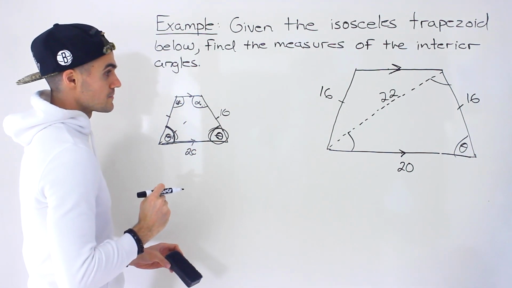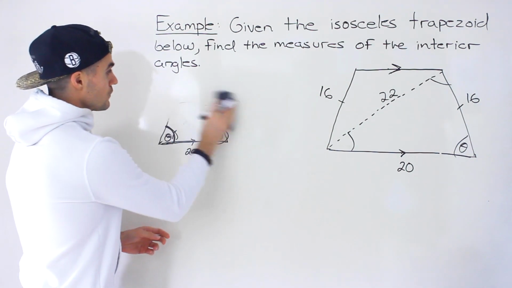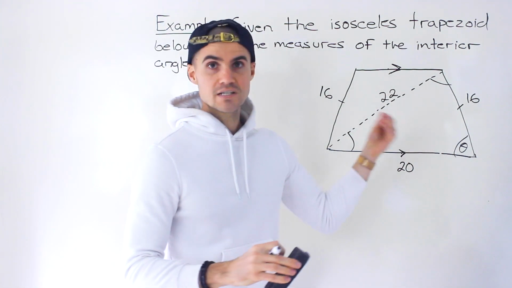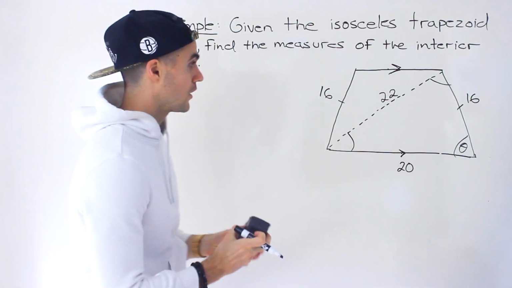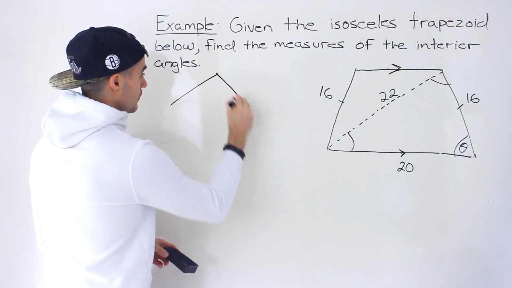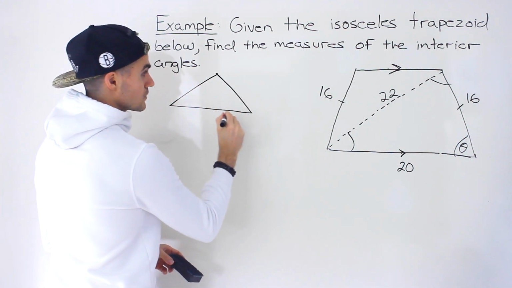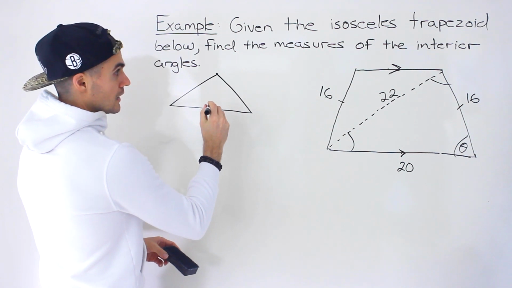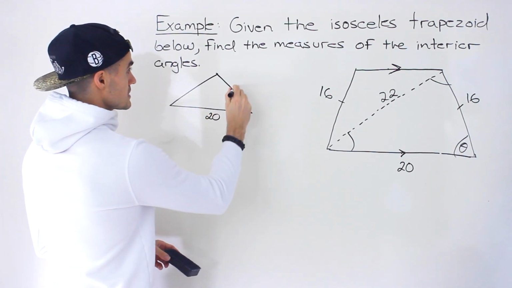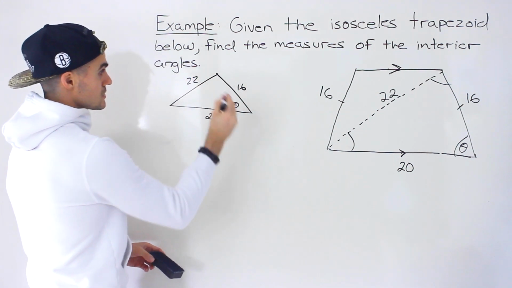We could solve for that angle because we have all three sides of this non-right angle triangle. So let me redraw this triangle without all the other stuff. We're solving for this angle theta. This is 20, this is 16, and this is 22.